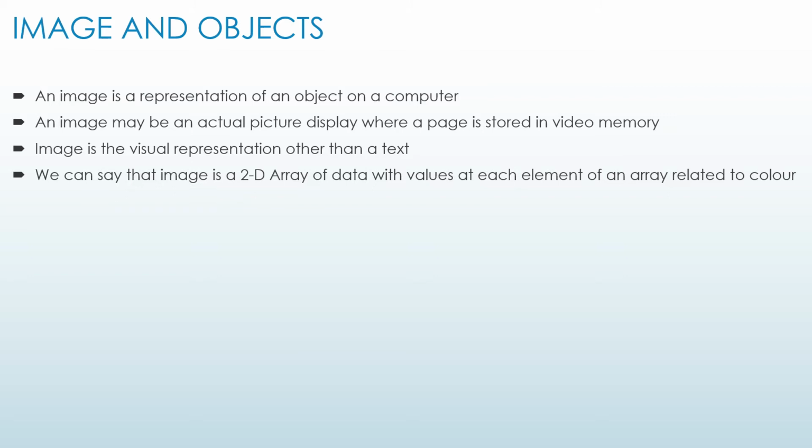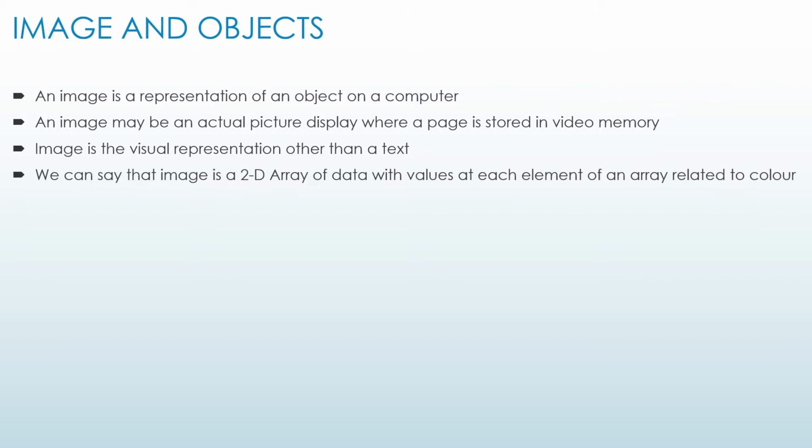Here, they say the image is an actual picture which is being stored in video memory. There is a difference between text memory and video memory. Say, for example, video memory is just a big memory, differentiated based on size, not on the things. So images are a visual representation other than text.